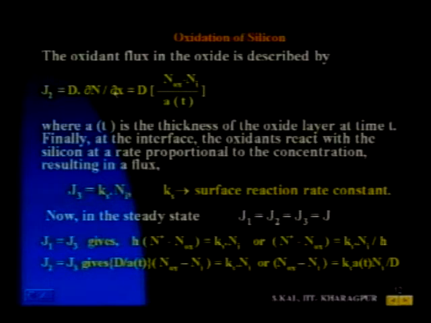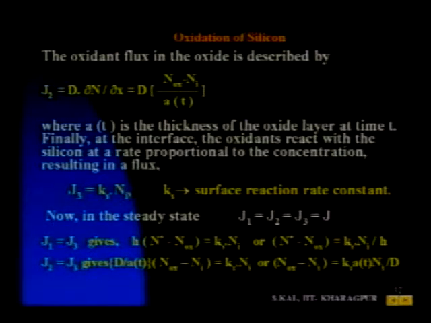Now the del N del X we can write explicitly. Del N is the difference of concentration from Nox to Ni. Nox is just after absorption. You see the structure: just after absorption is Nox, and then at the interface is Ni.